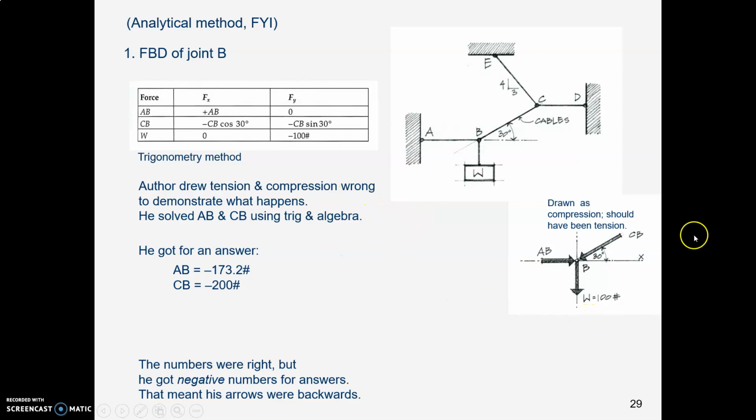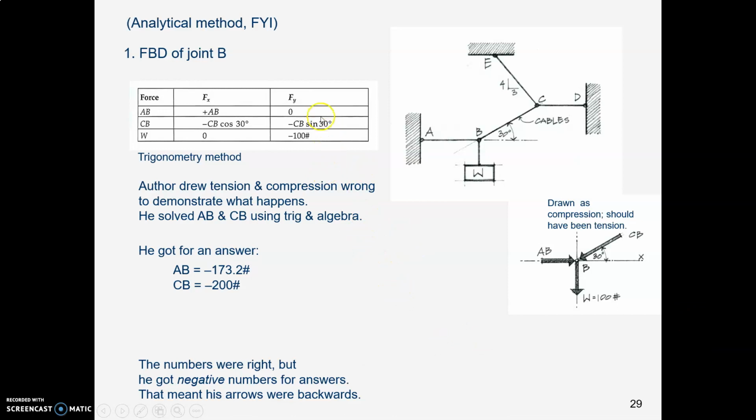He said, what would happen if I guessed wrong about what direction these forces were going? What if I thought AB was in compression, and I made the arrow pointing towards, and even more so, the other one too. What if I got this one wrong? I thought BC was in compression, and I made its arrow pointing towards. The only one I got right was the weight pulling down. What would happen? Well, the world wouldn't end.